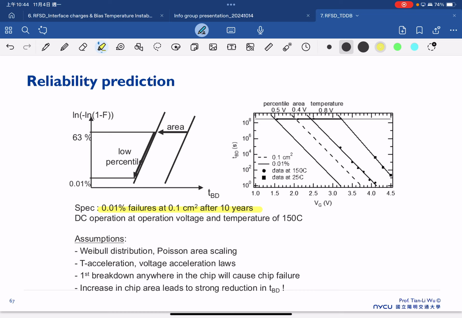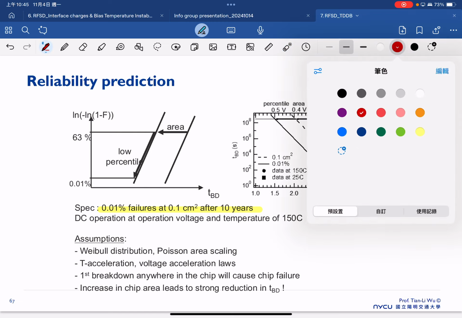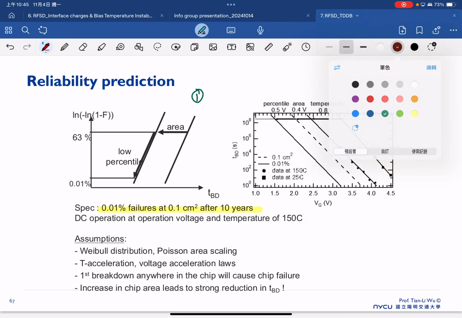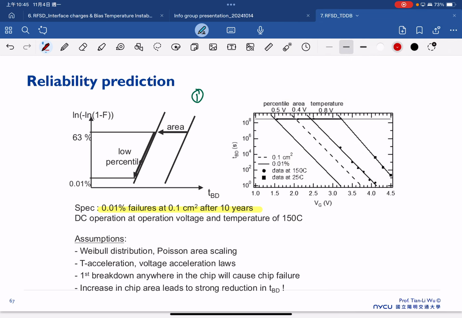So the first one is what we call the area scaling. As we always stress at a small device, because we want to focus on the intrinsic reliability, we always stress on the small device.